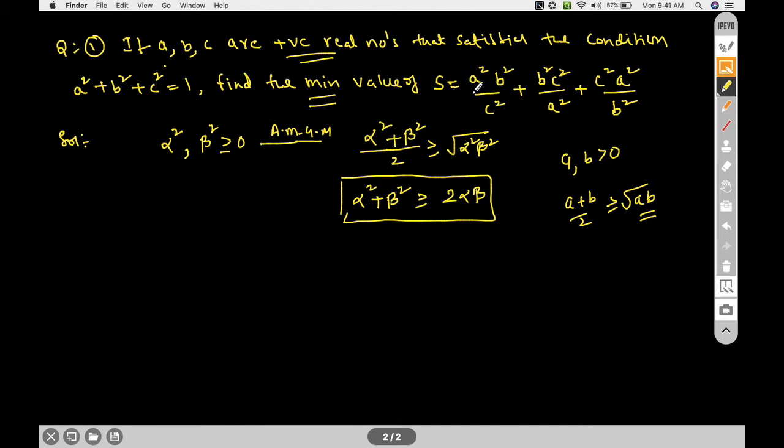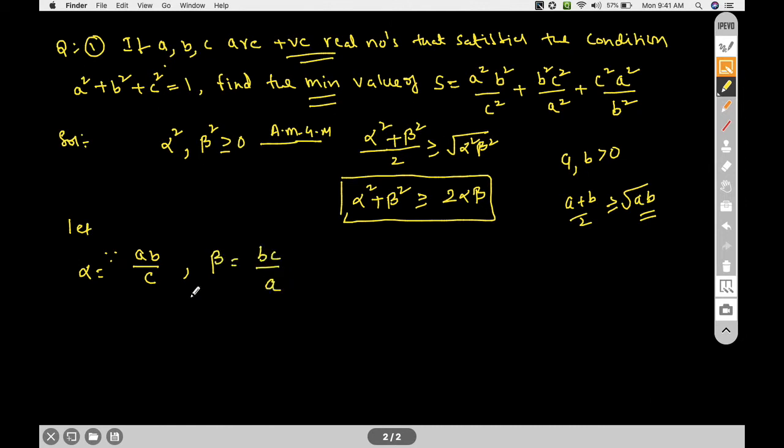Here S is equal to A square B square by C square plus B square C square by A square and so on.